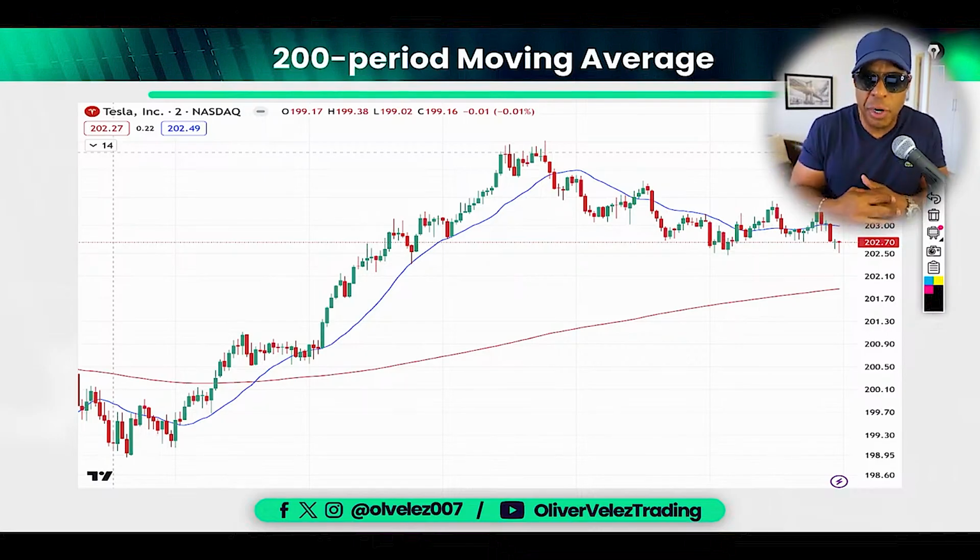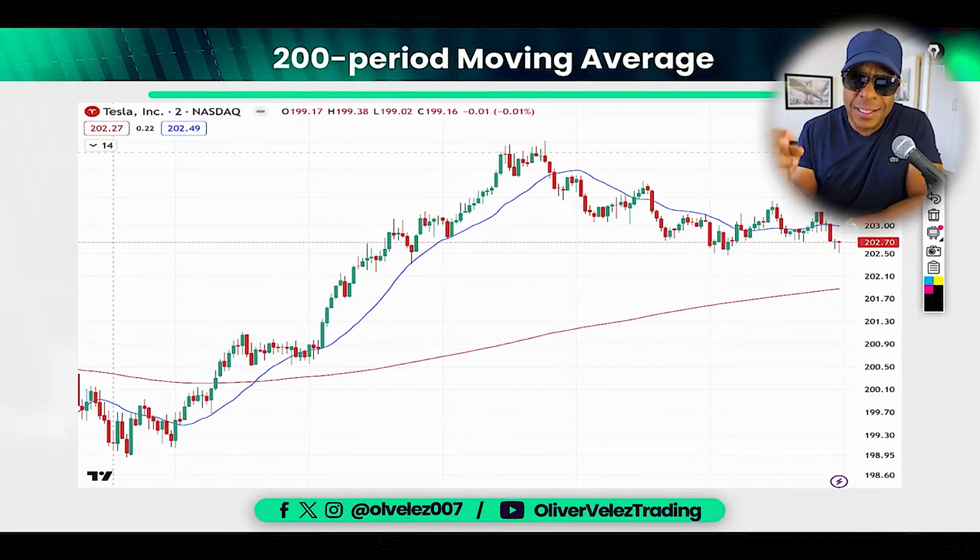The 200-period moving average is the bigger, more significant one, the parent. All right? And I never want you to look at a chart, whether it's the 2-minute or any time frame, without these two moving averages. In fact, a chart for me is not a chart unless it has these two moving averages superimposed on it.